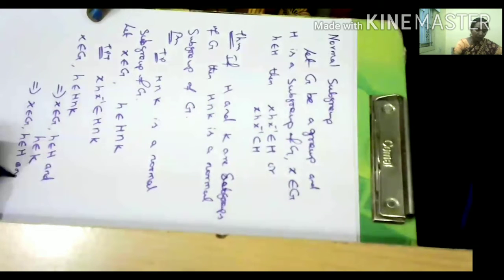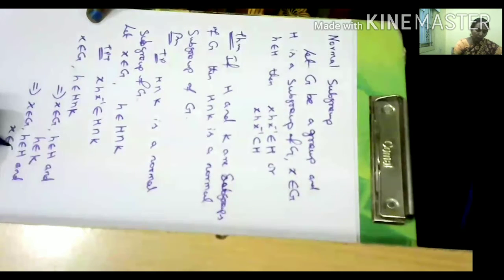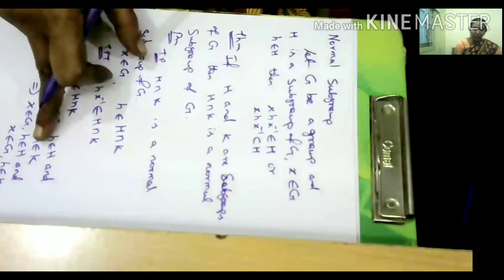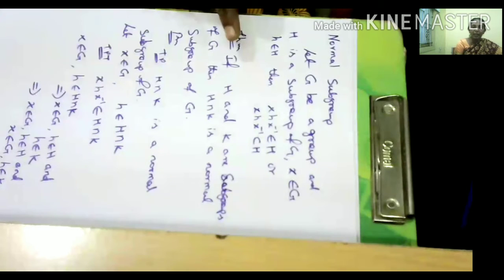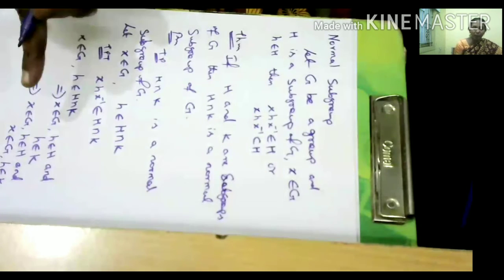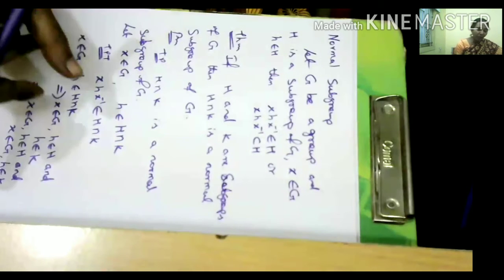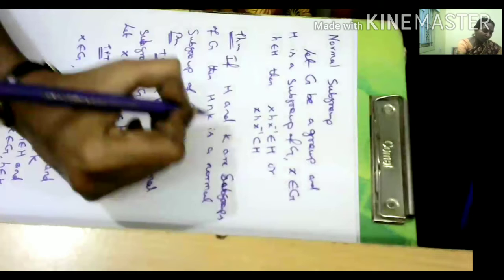And x belongs to G, h belongs to K. Here x belongs to G, h belongs to capital H, and H and K are normal subgroups actually.